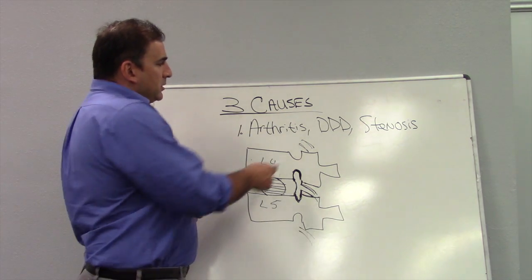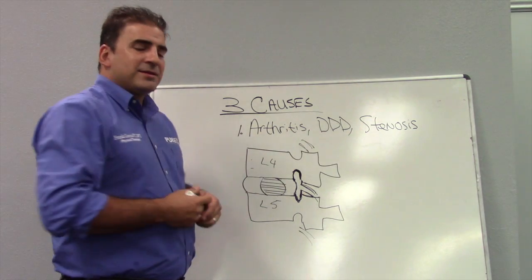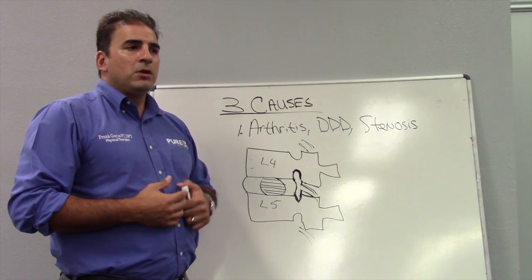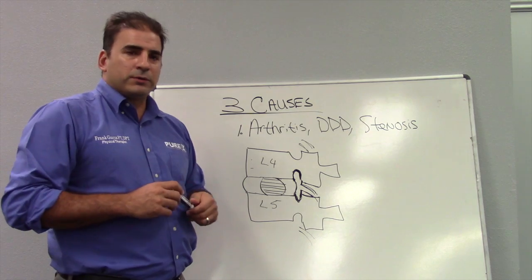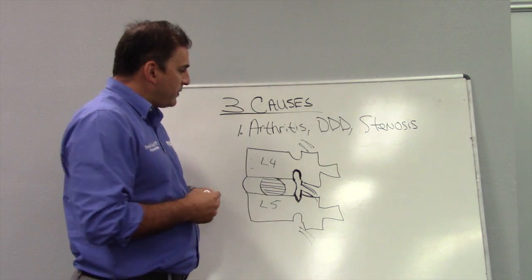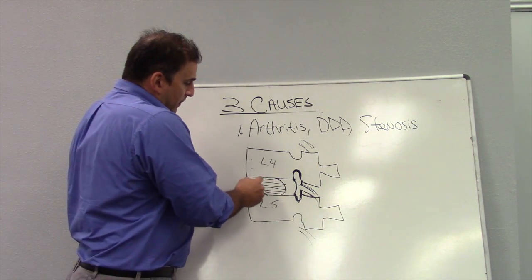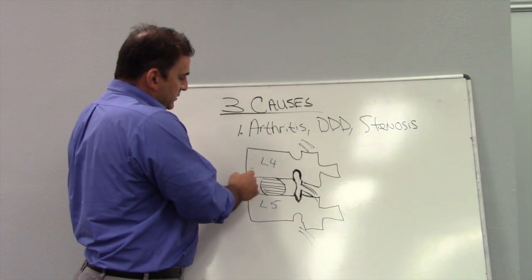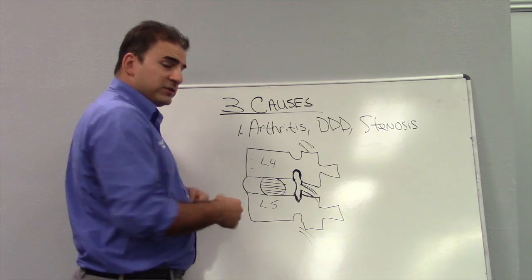Okay, degenerative disc disease: over time, as we get older, we shrink, and the reason for that is that our discs, once we stand up and increase pressure through them, lose water and dehydrate.